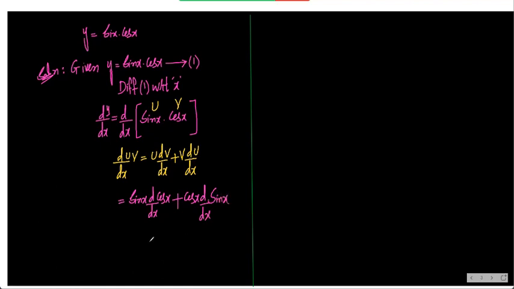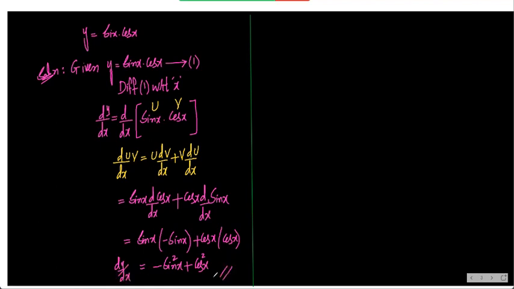Now write down their answers and finish the problem. sin x is as it is, derivative of cos x is minus sin x, memorize the formula so that you can understand, plus cos x as it is, derivative of sin x is again cos x. This is minus sin into sin square x and cos into cos square x. Don't go for the next step because you don't know the basic rules of this, so we'll stop it here.